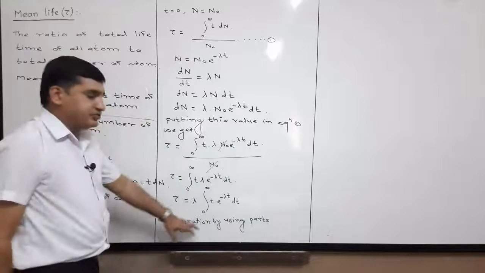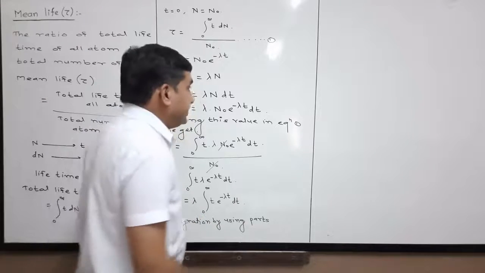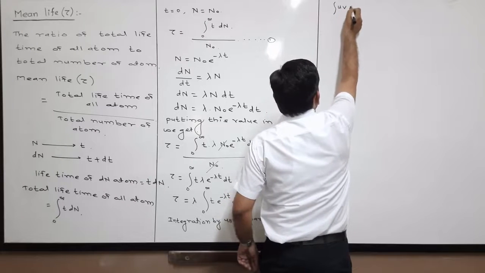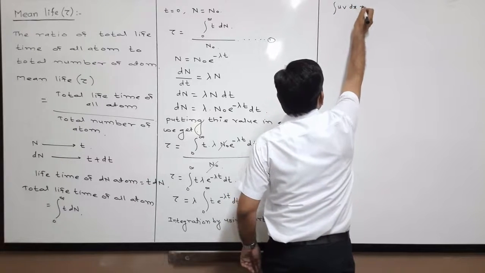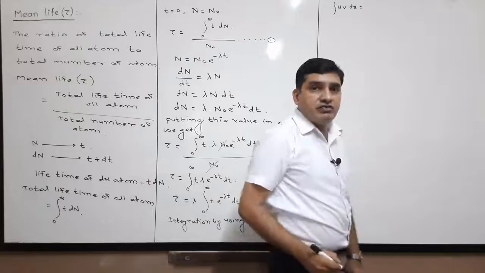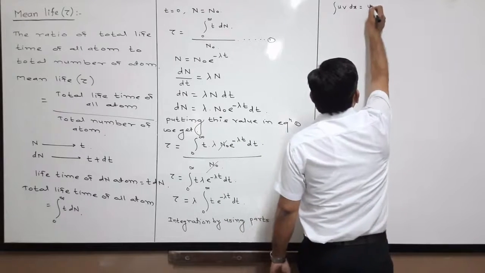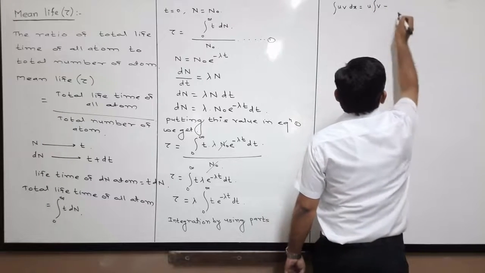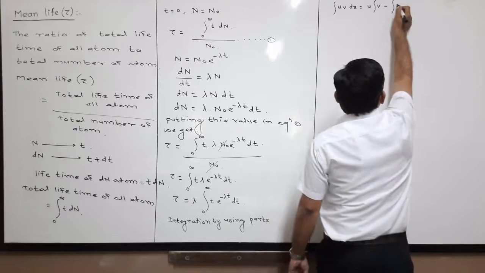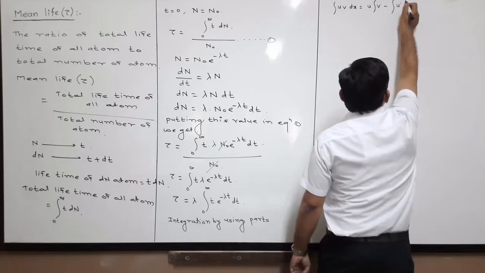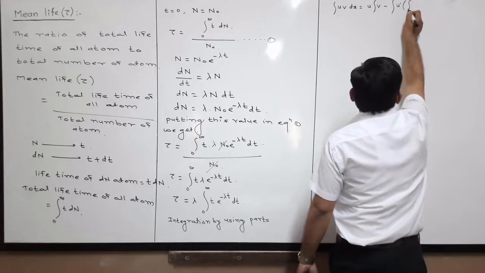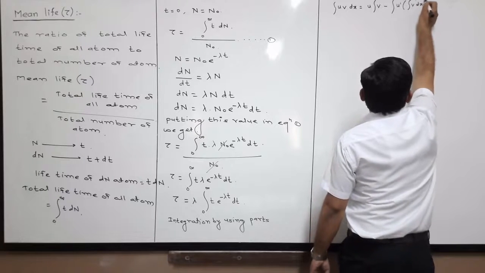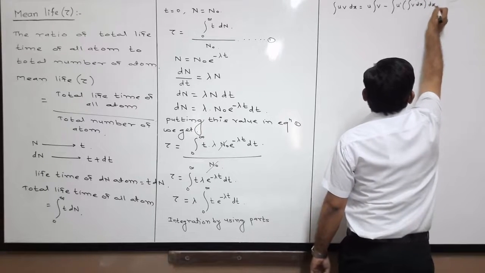By using parts, we know that the integration of u into v dx is equal to u into the integration of v, minus the integration of u dash, in brackets, the integration of v, dx, into dx.